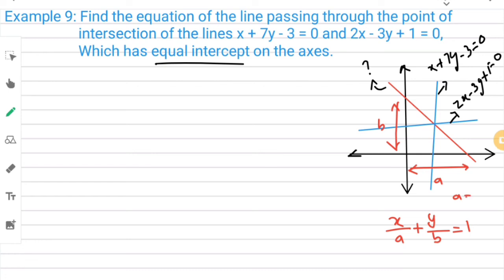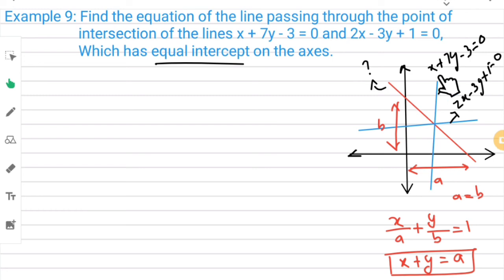That means a is equal to b. So x by a plus y by a is equal to 1. On further simplification, you will get x plus y is equal to a. To find the equation, we need the a value. To find the a value, what are we going to do?